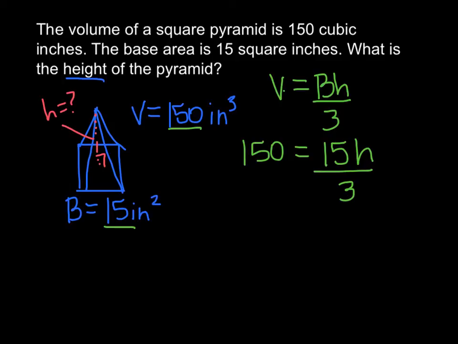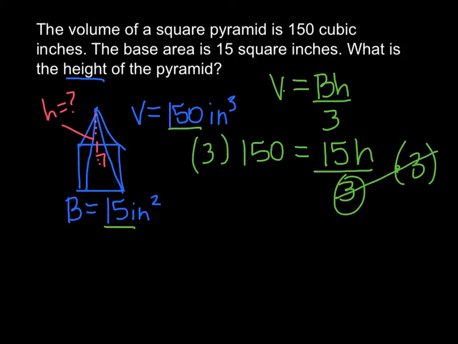Now at this point, there are a couple of ways that you could do this. You could go ahead and handle your division here and do 15 divided by 3. If it's not so easy to do that, then, well, this 3 is divided, so what's the opposite of division? It's multiplication. So we're going to undo dividing by 3 with multiplying by 3. So we're going to multiply by 3 over here and multiply by 3 over here.